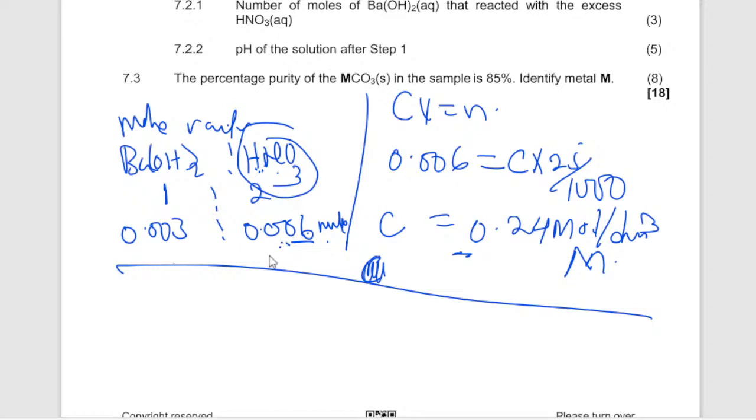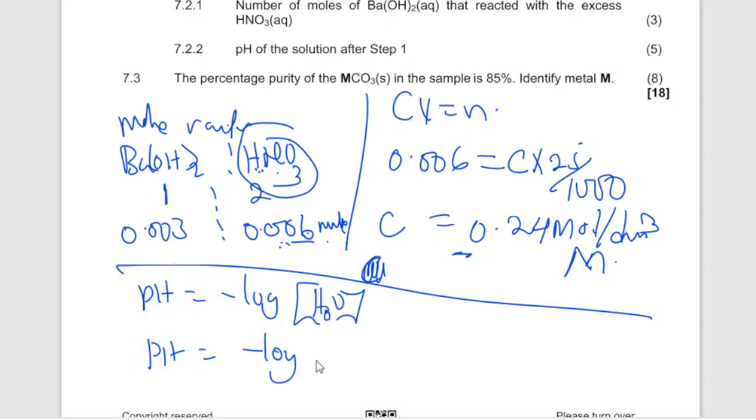Then the pH is equal to negative log of the hydrogen ion or hydronium ion concentration. We already know the concentration, so the pH is going to be equal to negative log of 0.24.